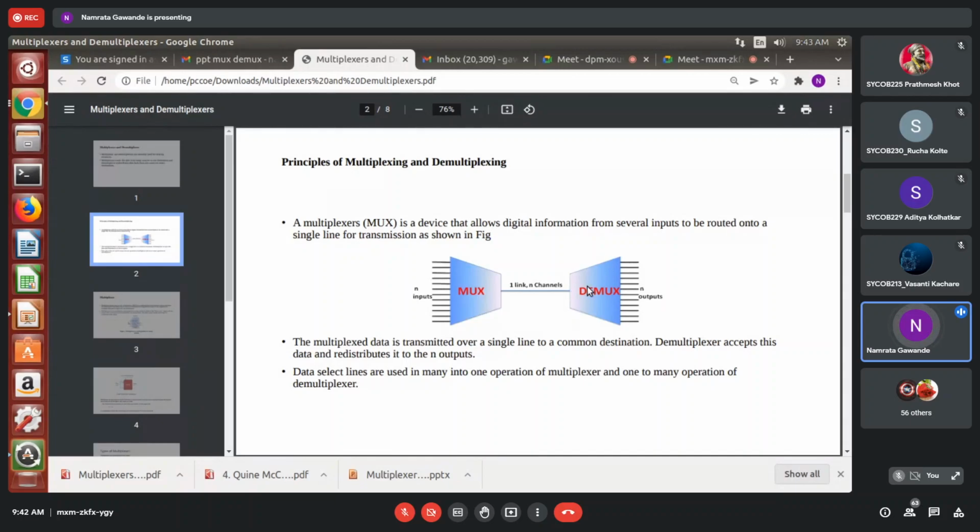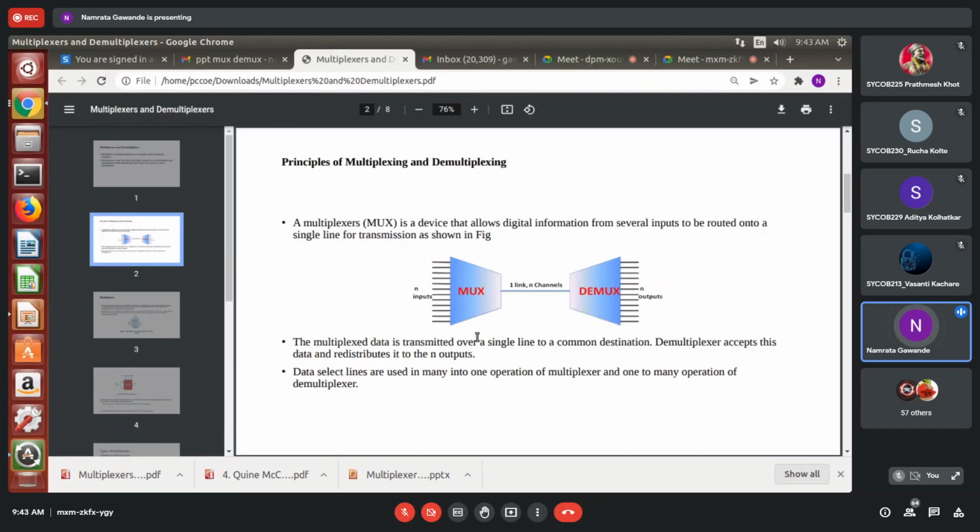Similarly, the demux receives that input and gives the output as n number of outputs. So mux is nothing but a parallel-in serial-out converter. The multiplexed data is transmitted over a single line to a common destination, and the demultiplexer accepts this data and redistributes it to n outputs.